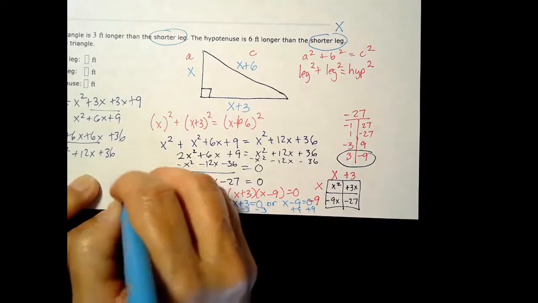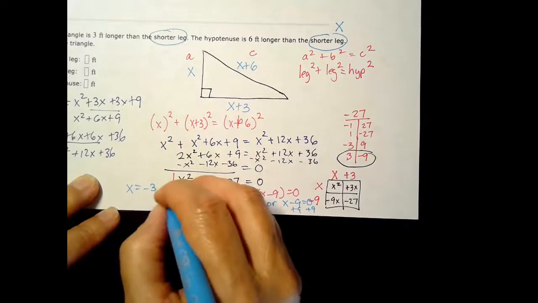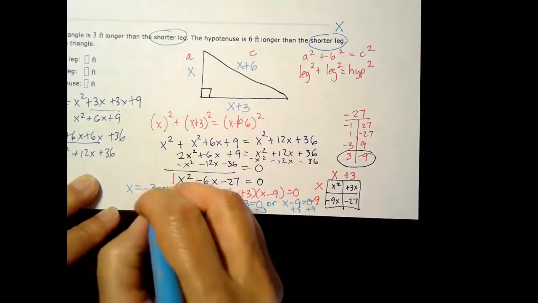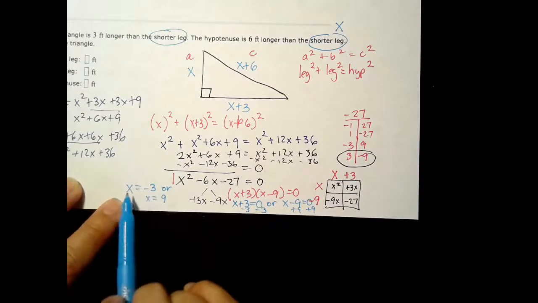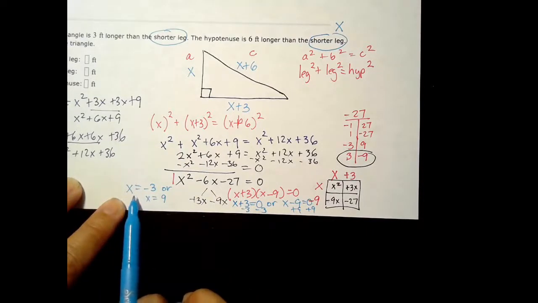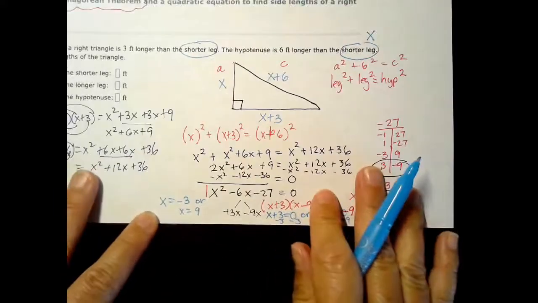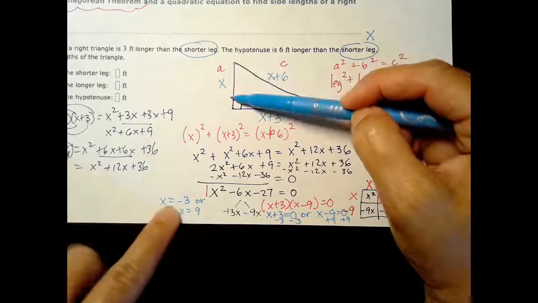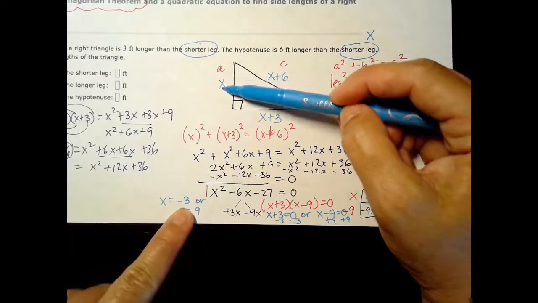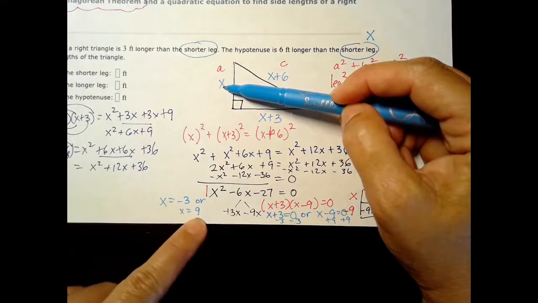So I'm going to get x is equal to negative 3 for this one, or x is equal to positive 9. So my x can either be negative 3 or my x can be positive 9. So that's saying that this leg right here, this x, because this is plain x, can either be negative 3 or it can be positive 9.